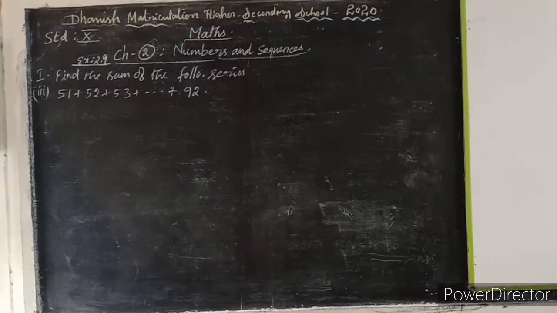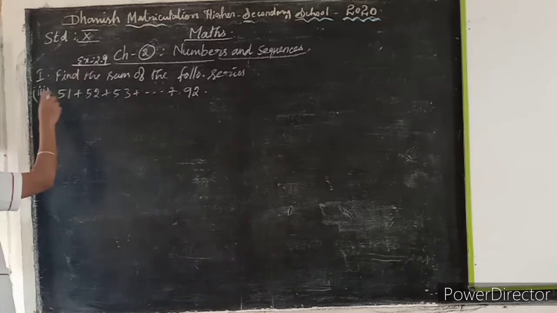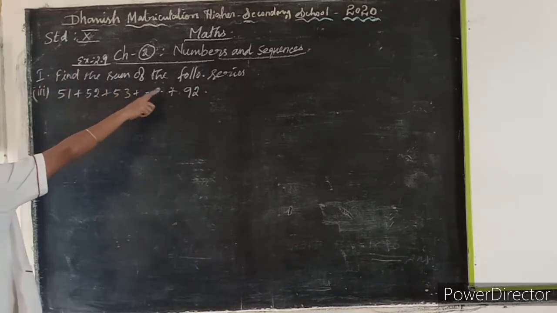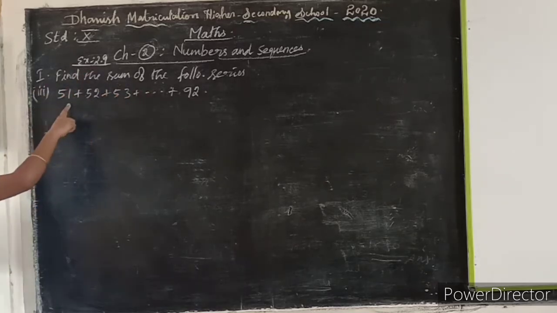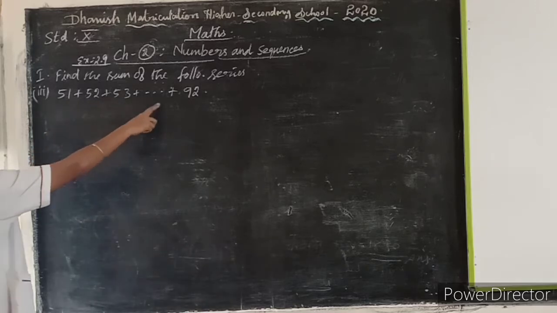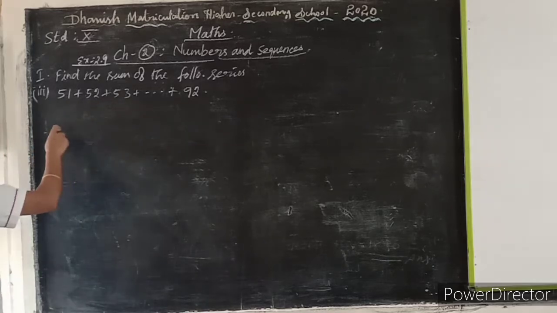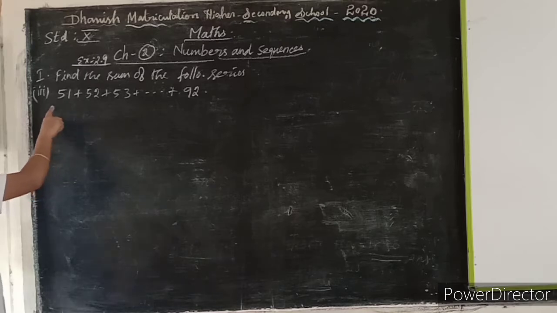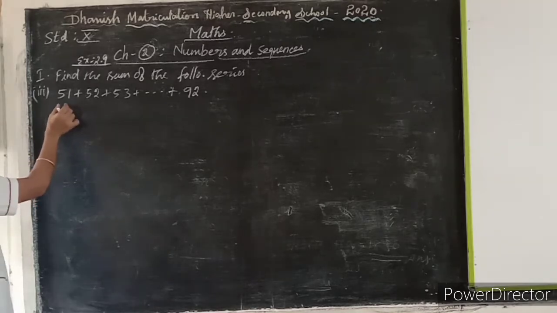Now from exercise 2.9, question number 1, find the sum of the following series. Third subdivision: 51 plus 52 plus 53 plus etcetera up to 92. This is not in the form of the first n natural numbers; the numbers start from 51.